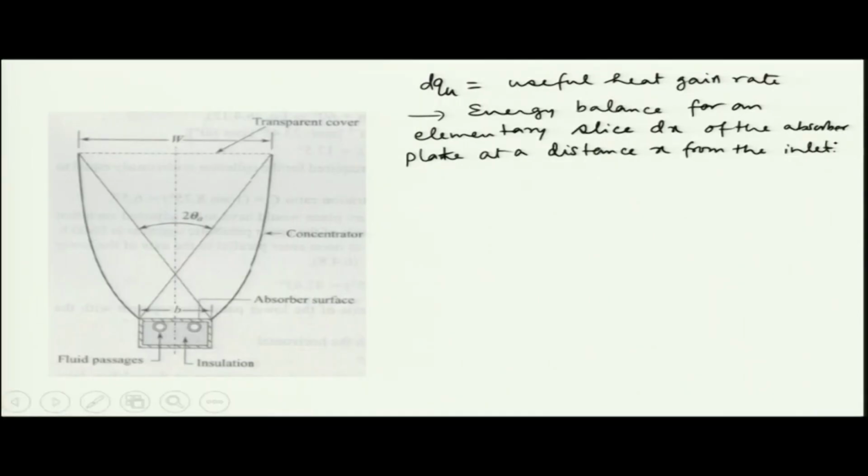Okay. So, then as you have seen earlier, it will be S minus UL by C. Okay. For concentrating collector, you have this UL by C factor, which is unlike the flat plate collector. Okay.